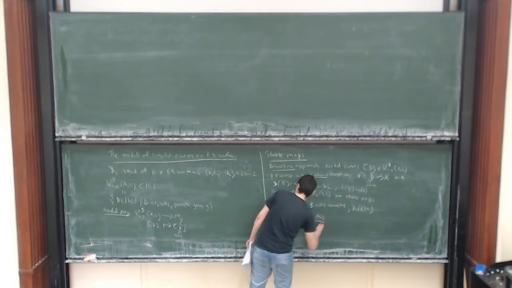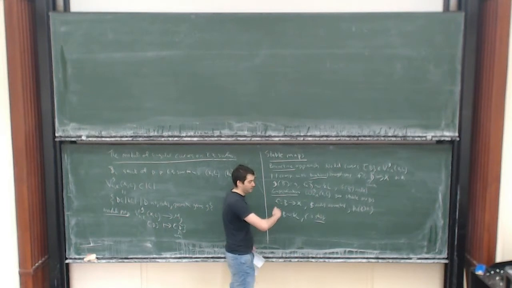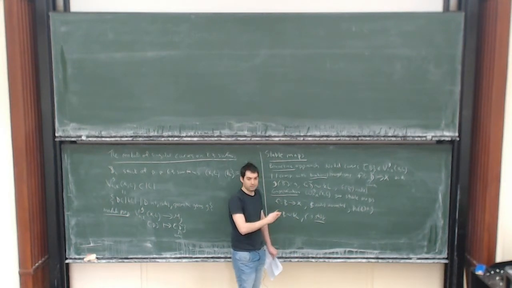So stable means for any component E of B isomorphic to P1, it meets the rest of the curve in at least 3 points.